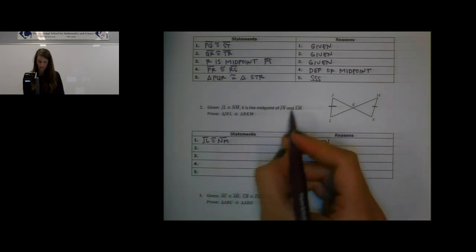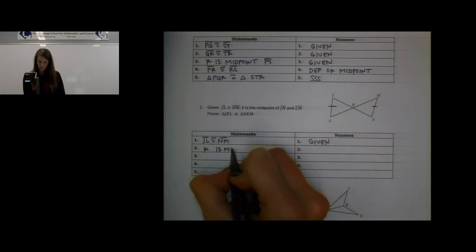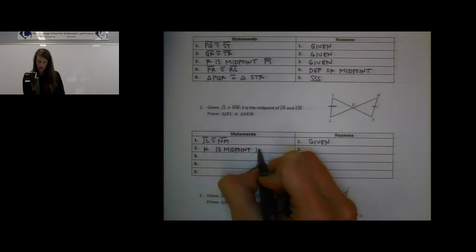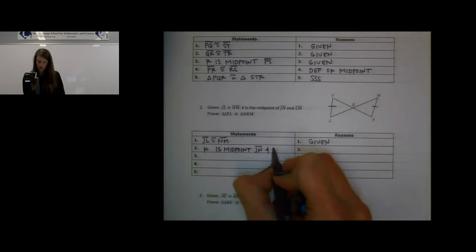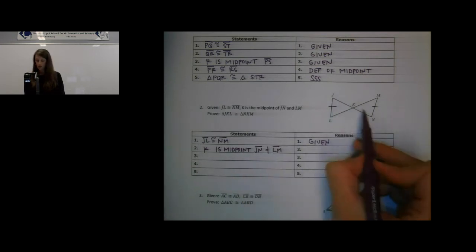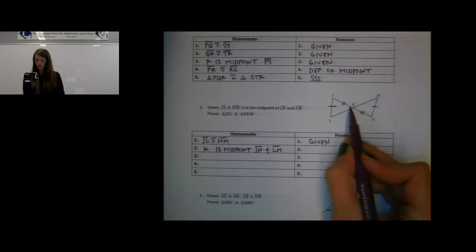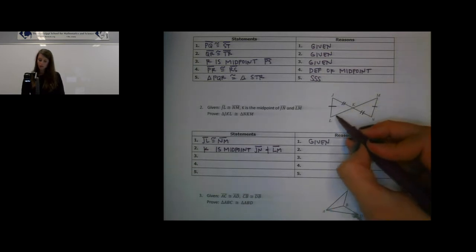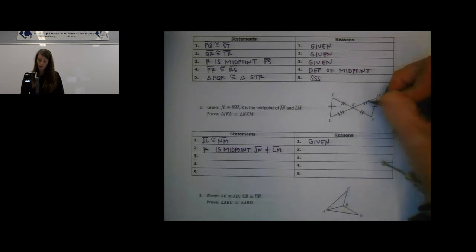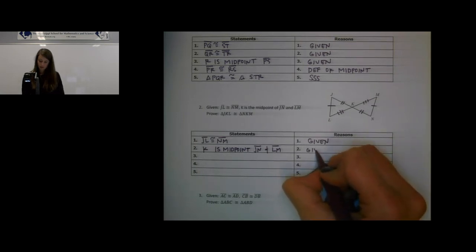K is the midpoint. So if K is the midpoint of JN and LM, what does that mean? K is the midpoint of JN, so these two line segments would be congruent, and it's also the midpoint of LM, so these two line segments would be congruent, right? So that was given to us.